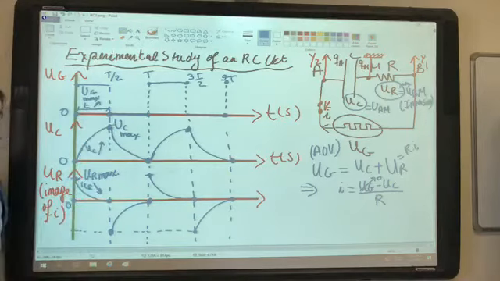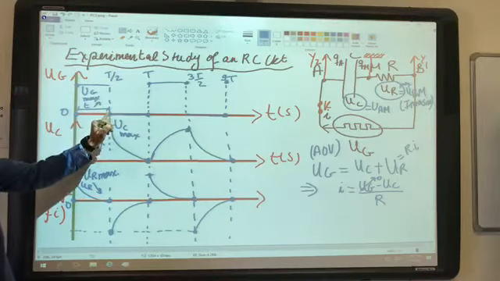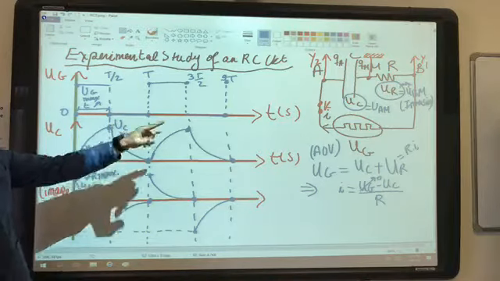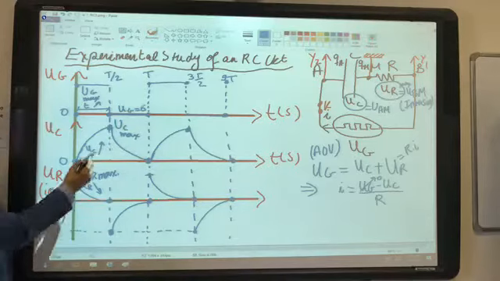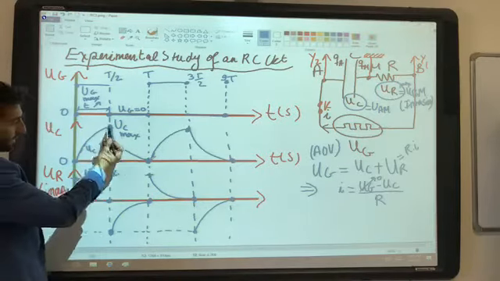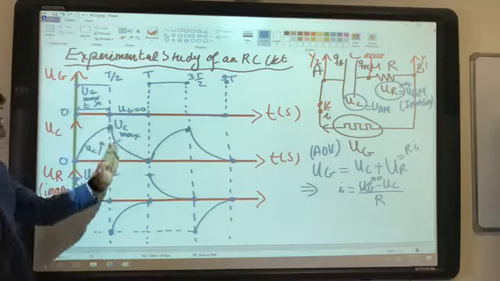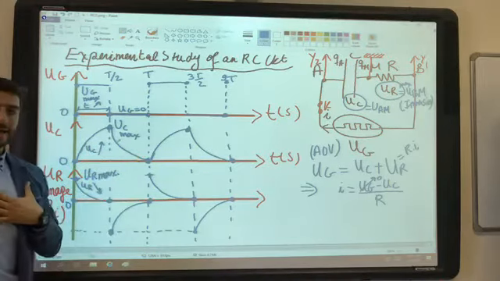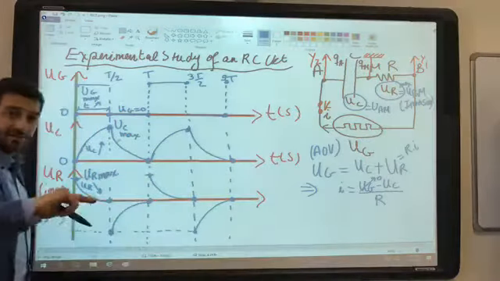While the capacitor has a maximum voltage at T over 2, the voltage of the generator is 0. And the capacitor will be discharging. While the capacitor is discharging, at the same time, it is giving out its electrons to the resistance, but from the negative side.